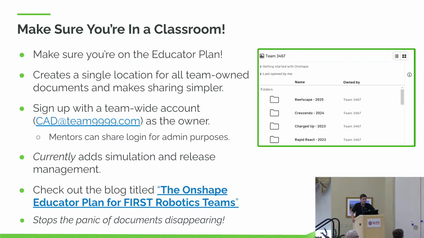It's different than a team, where anybody can make a team and then they share documents they own with the team to give other people access. Well, if I leave the team, those documents disappear. When things are owned by an Onshape classroom, as students or mentors come and go, the ownership of those documents never changes. It is owned by the team's core entity. Things don't disappear. So if you've had documents walk away because students owned them, this helps address that need.